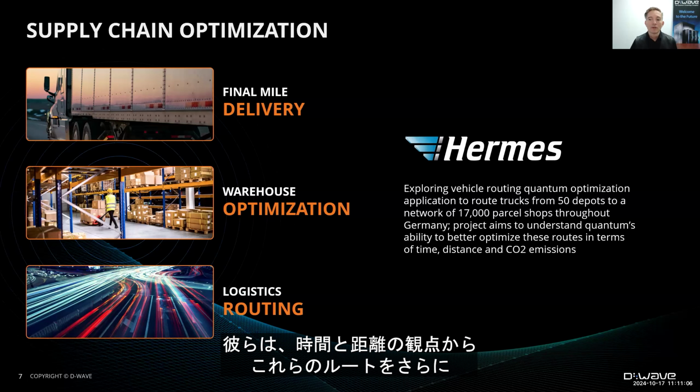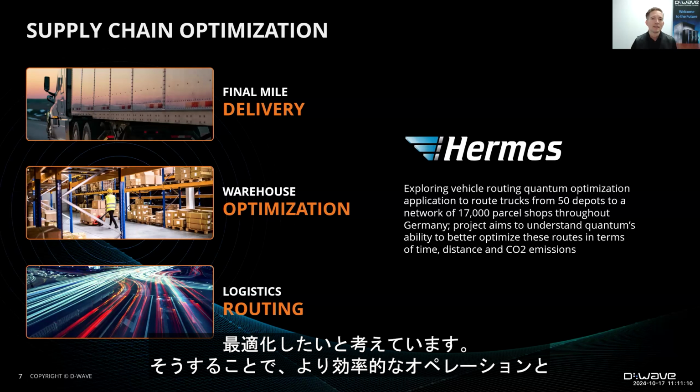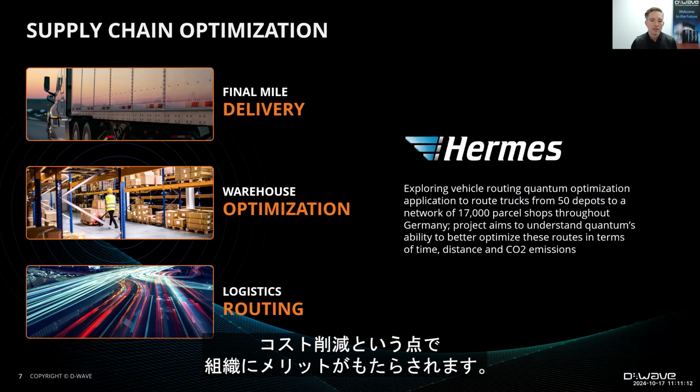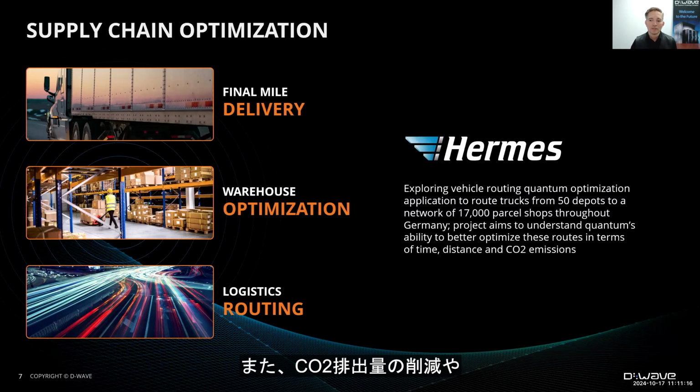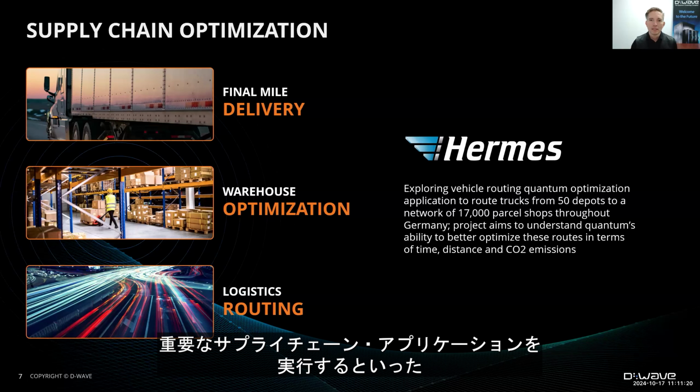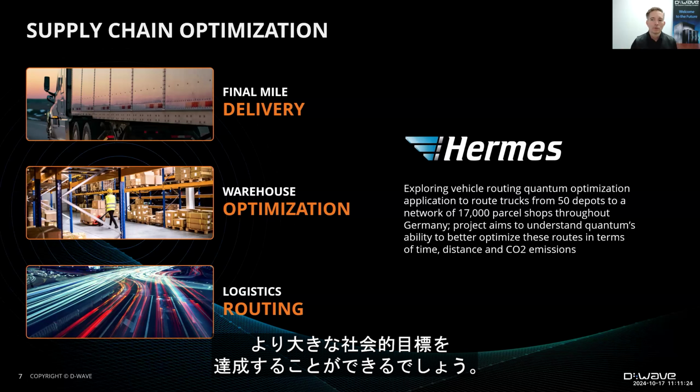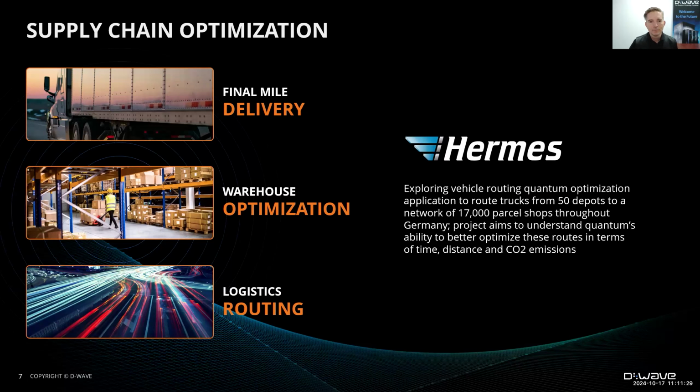They want to be able to better optimize these routes in terms of time and distance, and that provides an advantage to the organization in terms of more effective operation and reduced costs. But it also allows them to achieve some larger societal goals like reducing CO2 emissions and getting these important supply chain applications running in a much more efficient way.